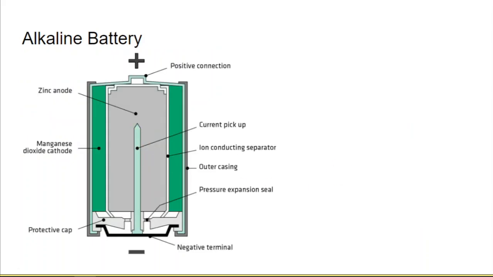So this is a diagram right here. If we look at the diagram, we can see that the redox reaction happens between the anode and the cathode. And the anode and cathode are separated on purpose so that the reaction does not proceed unless a wire or some sort of conductive material is placed on the outside to connect them.